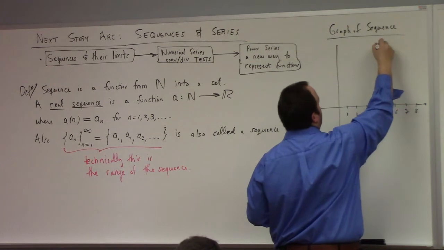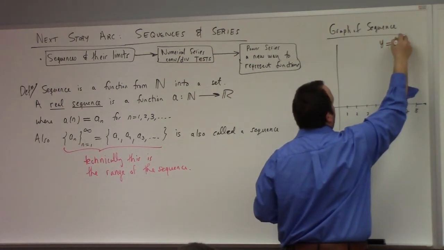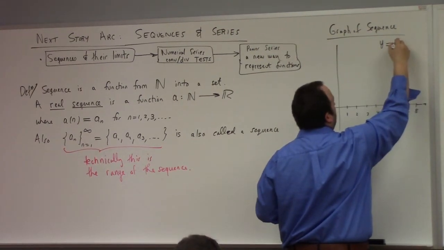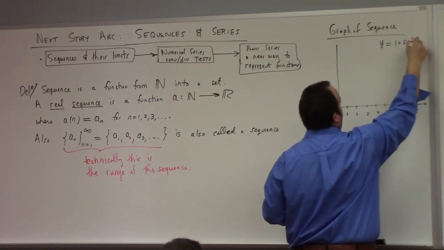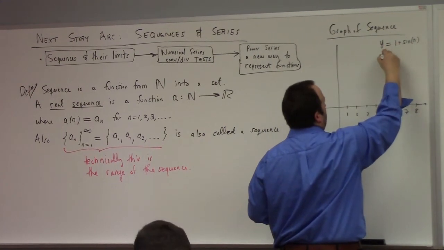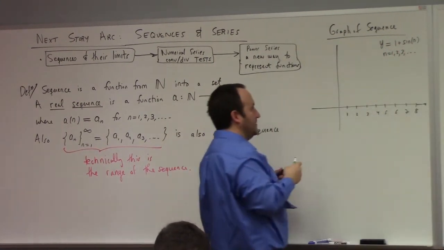So let's look at y equals, I don't know, 1 plus the sine of n for n equals 1, 2, 3, and so forth and so on. What would that look like?